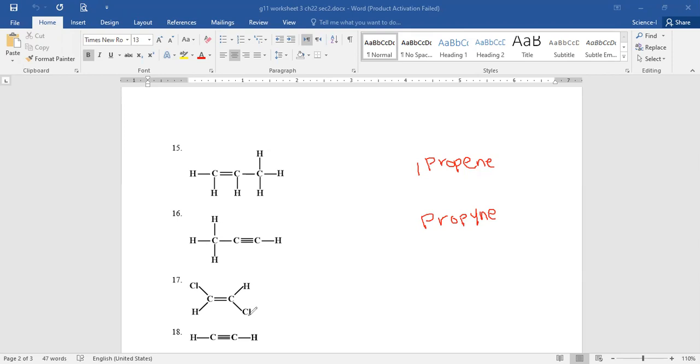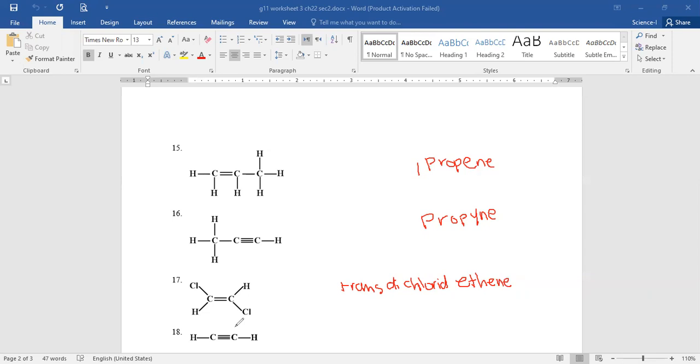In this one, we have 2 chlorines, and these two chlorines are found on two different sides. So we need to mention the geometric isomer, cis or trans. Of course you can say trans. So we have two chlorines, so trans-dichloroethene, with 2 carbons, because we have a double bond.